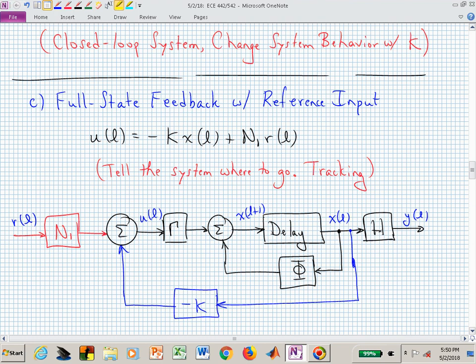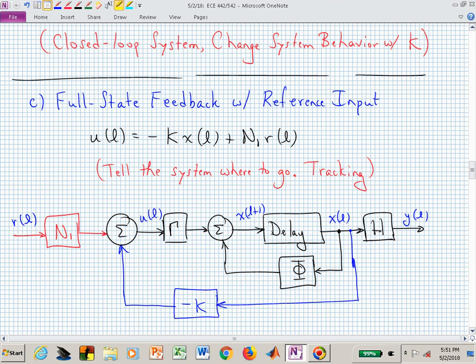You can now, from this block diagram, determine what the equations are that govern the behavior of that system, its transfer function, and you could then try to find what value n sub 1 will give me a DC gain of 1.